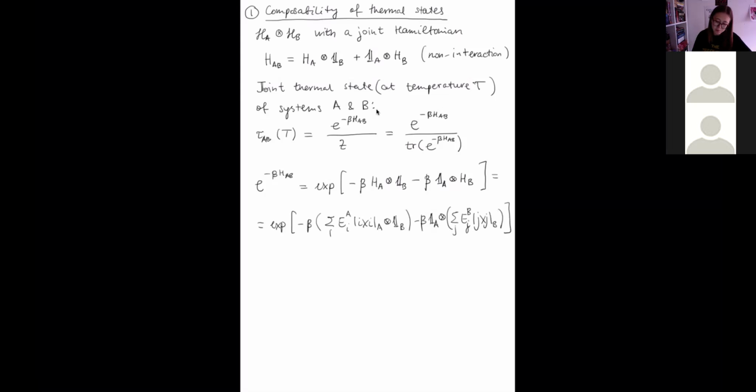And here we notice that both of these terms in the argument of the exponential are diagonal. So we have the exponential of a sum of two diagonal matrices, which means that in this case we are allowed to express this exponential as just the product of the exponential of the first term by the exponential of the second term.